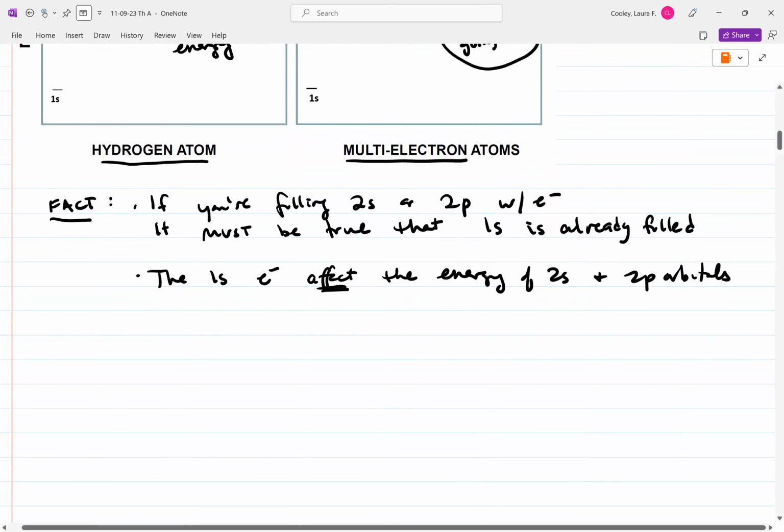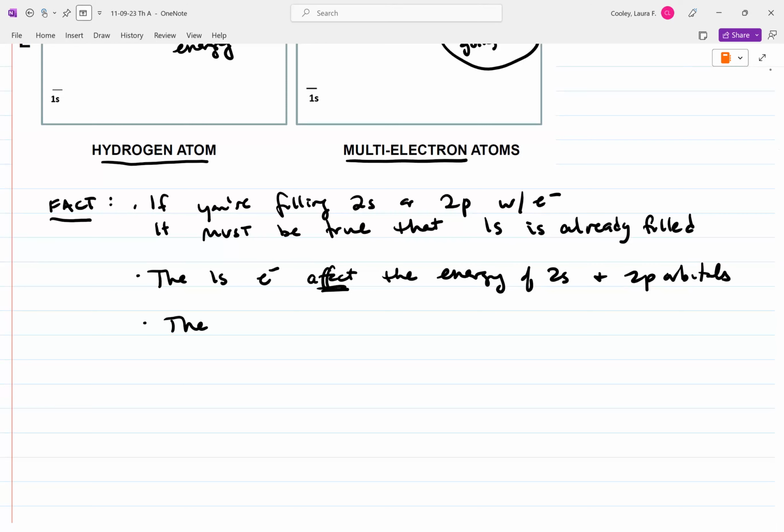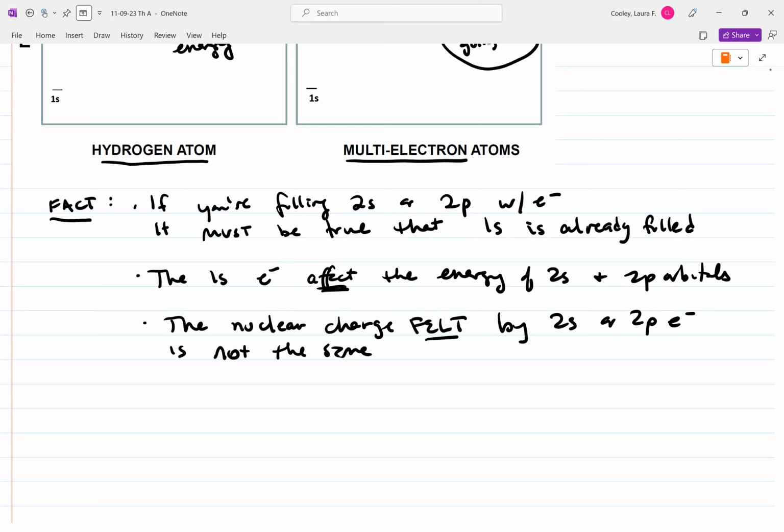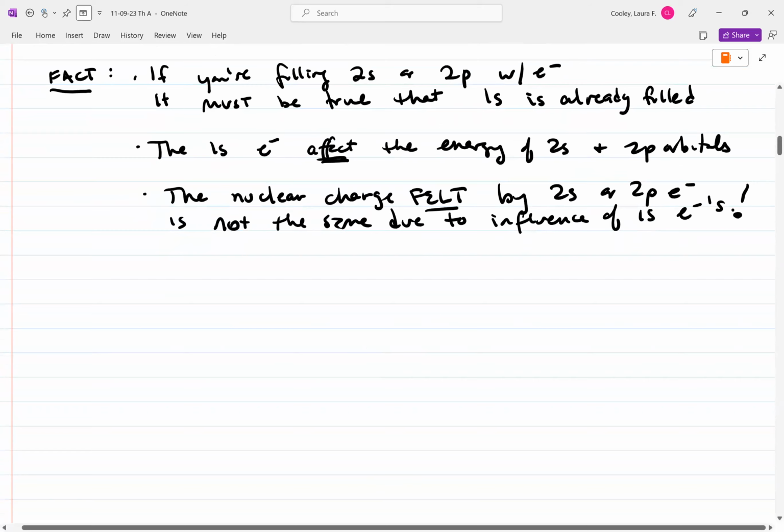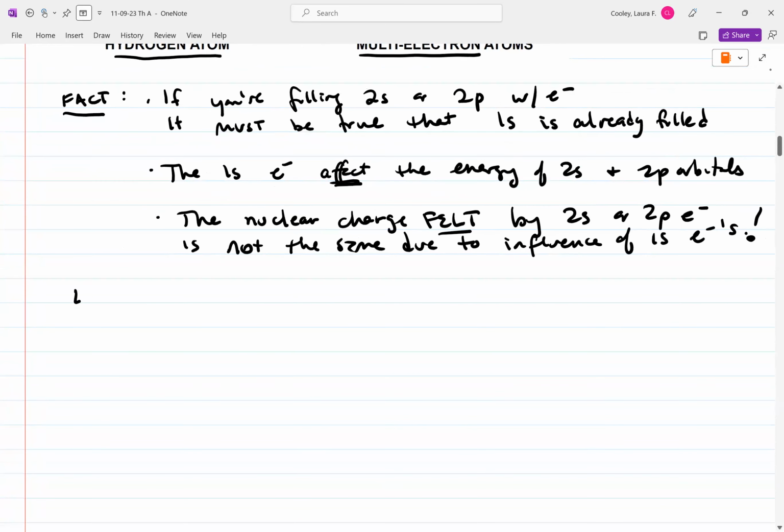I'll tell you more about this, but the nuclear charge actually felt or experienced by 2s or 2p electrons is not the same, due to the influence of the 1s electrons. So we have something I have to talk about called the effective nuclear charge.